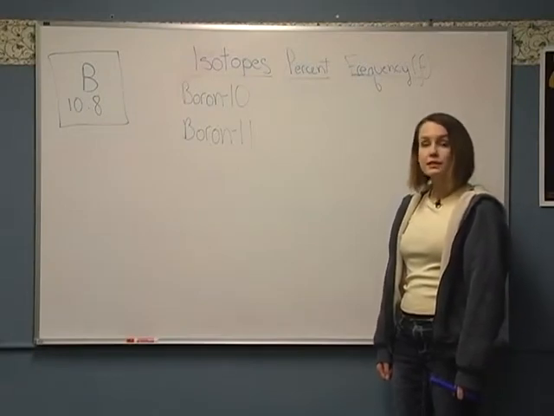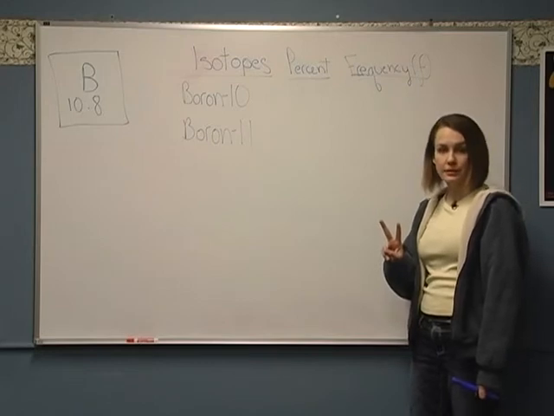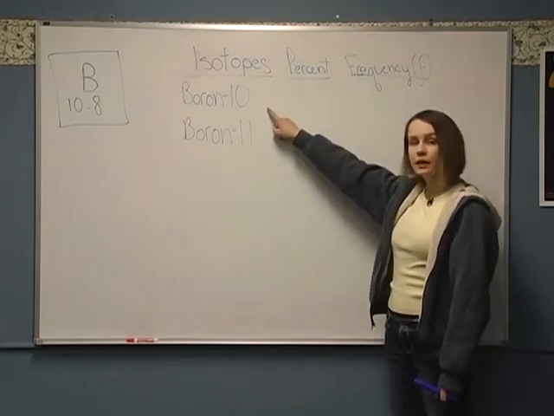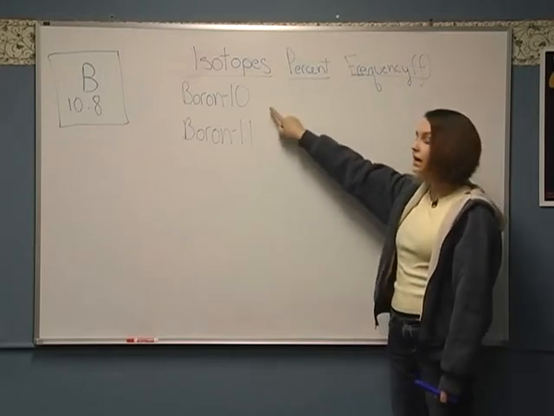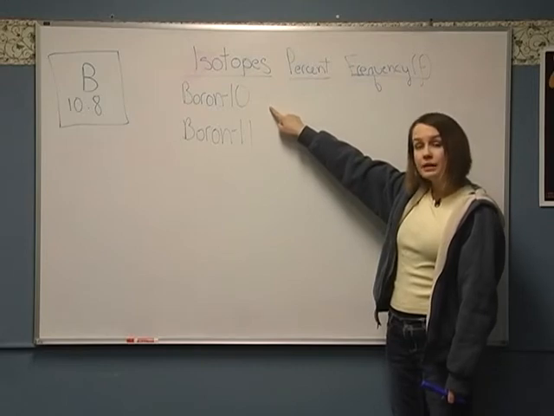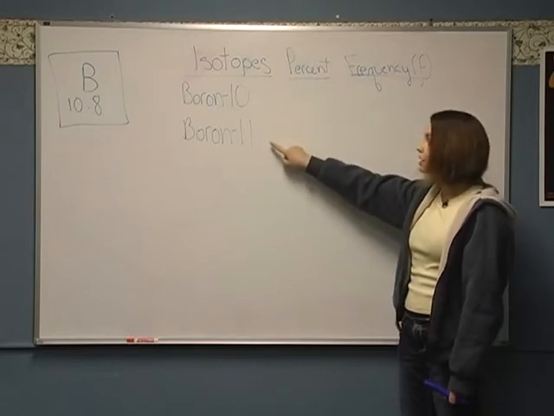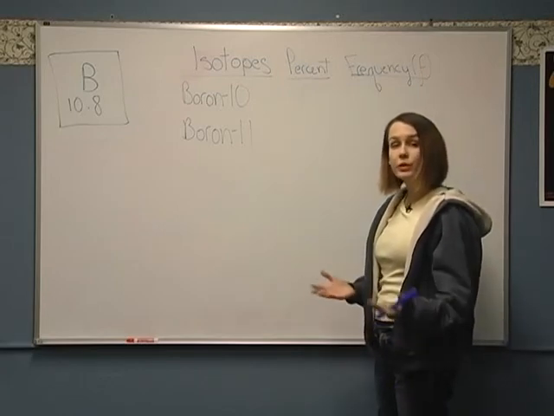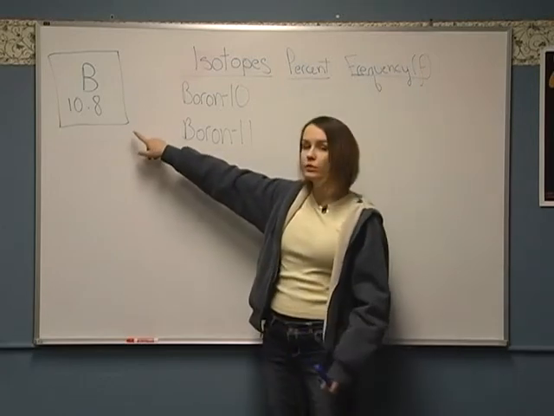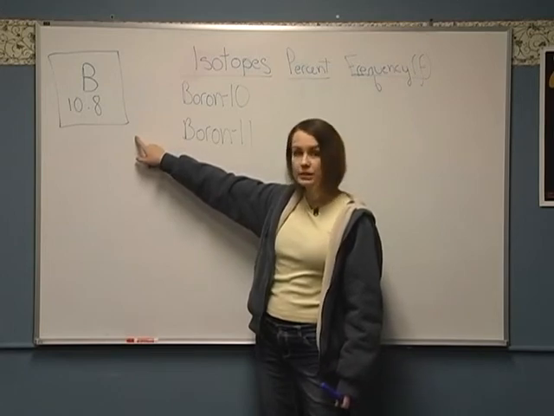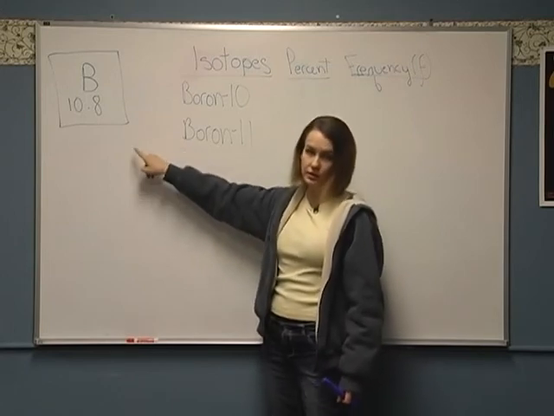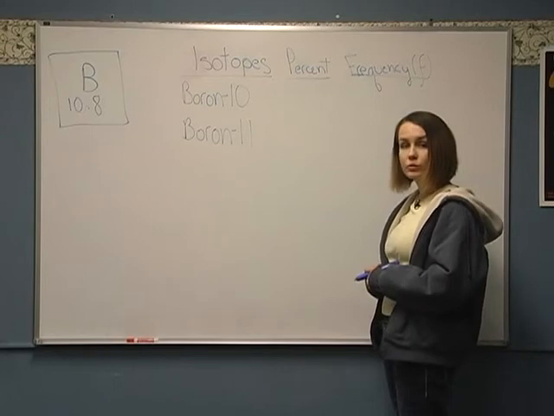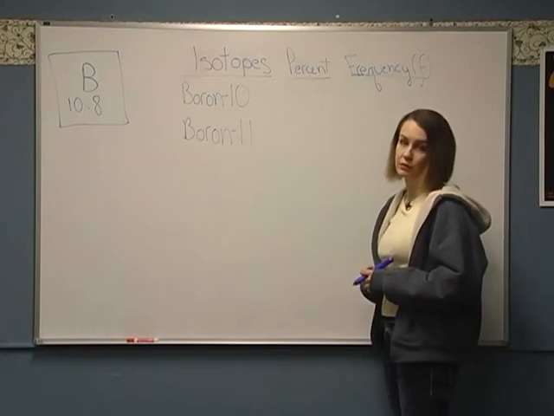The problem tells us that there are two known isotopes of boron, boron 10 and boron 11. That means that boron 10 has an atomic mass of 10 AMU and boron 11 has an atomic mass of 11 AMU. Now from the periodic table, we also know that the average atomic mass of boron is about 10.8 atomic mass units. Given this information, we can write both of the equations that we need to solve the problem.